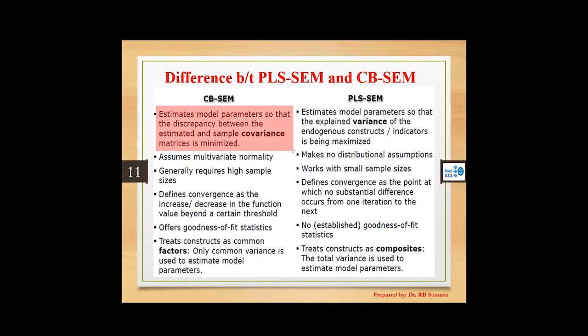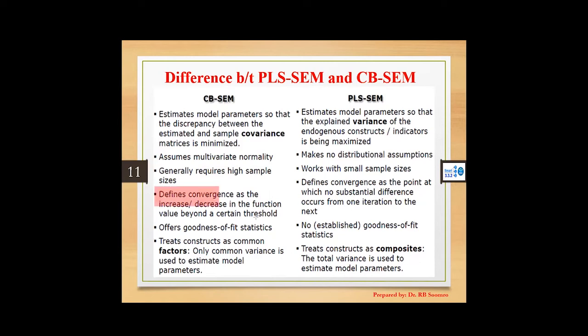When you want to minimize this discrepancy, then this approach is good for you. It assumes multivariate normality, as I already told you, it is a parametric approach. That's why it requires normally distributed data. There should be no skewness, no kurtosis. And then it generally requires a higher sample size, meaning more than 200.